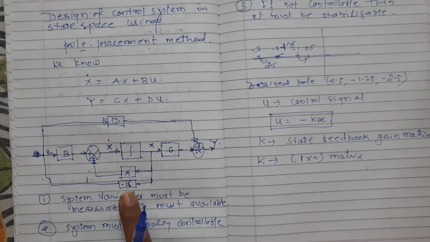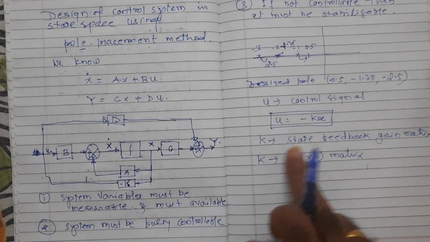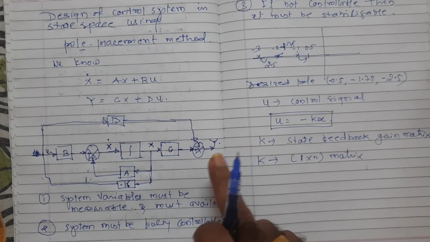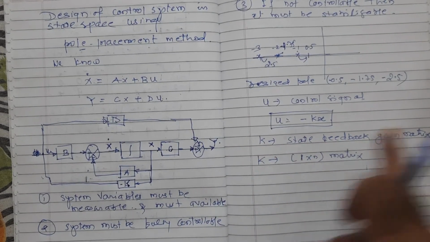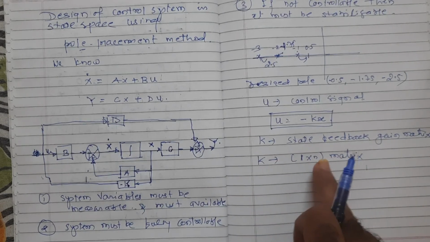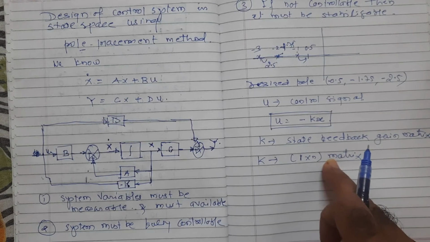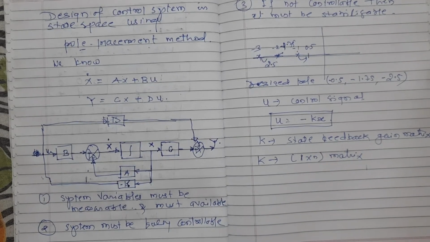K is called the state feedback gain matrix, and k is a 1 by n matrix, that means one row and n number of columns.